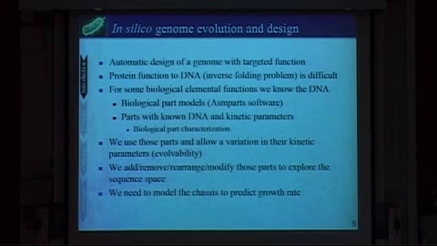So how are we going to succeed with this task of designing new genomes? Because what we want to design here is DNA. As I'm going to show you, for some systems we know the mapping between protein and DNA.